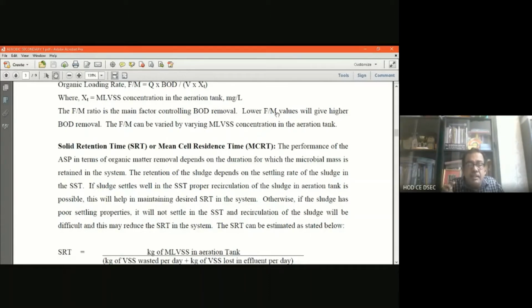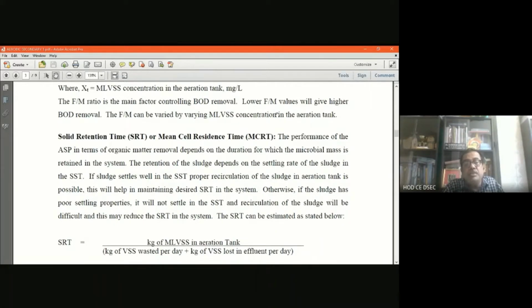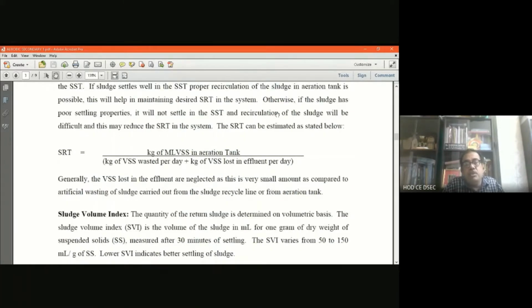If the settling of the sludge is good, then proper recirculation of the sludge to the aeration tank is possible, and it will help maintain the desired SRT in the system. So SRT depends on the settling characteristics of the sludge in the SST. If the sludge has poor settling properties, it will not settle in the SST and recirculation will be difficult, so it may reduce the SRT and affect the efficiency of the tank.